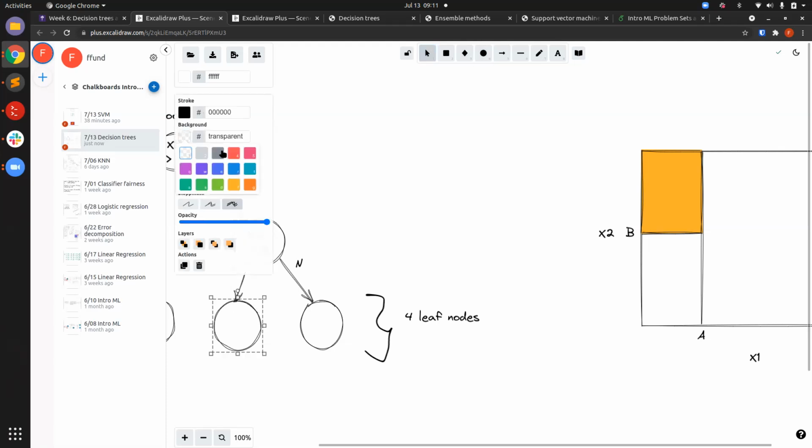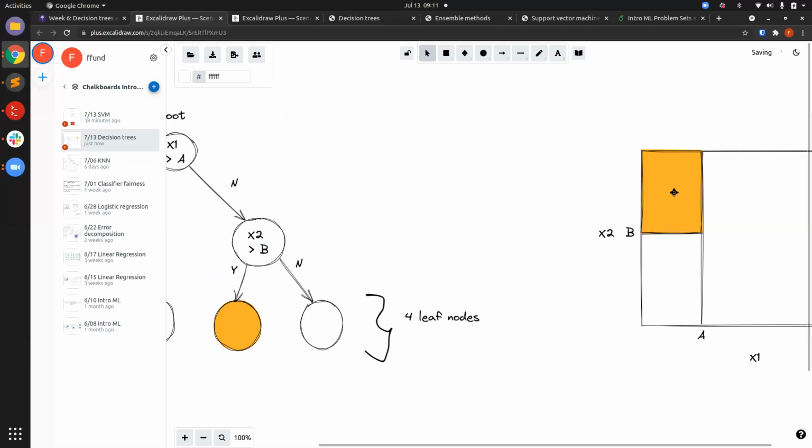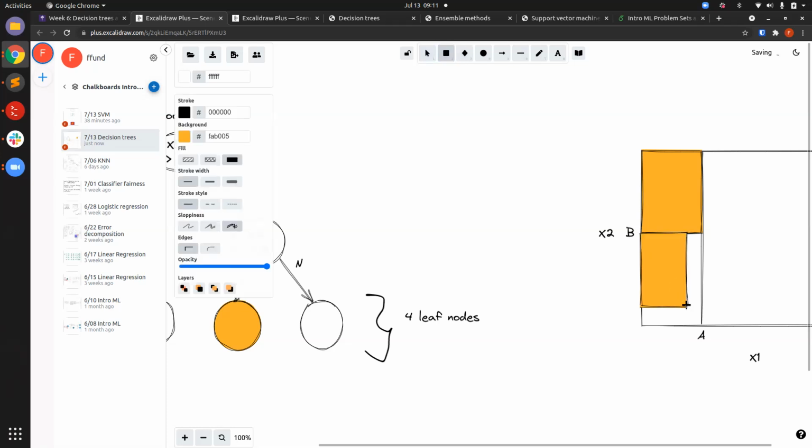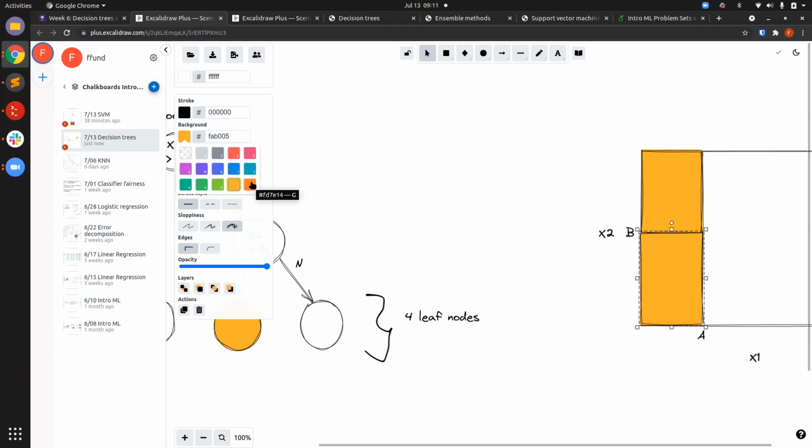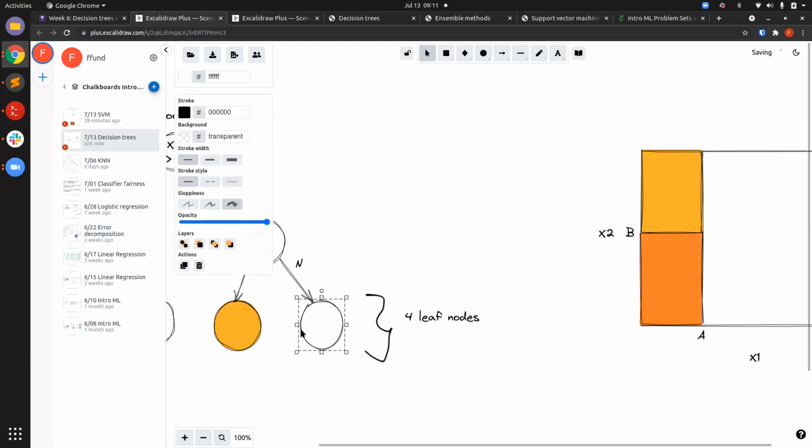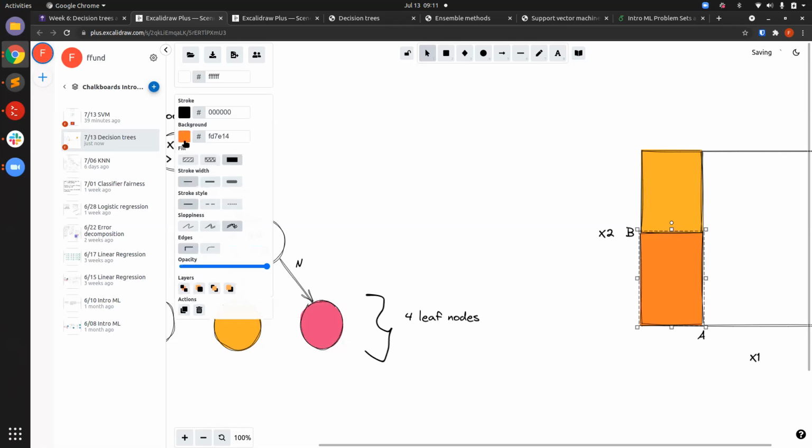So this particular leaf node of the tree corresponds to this orange region up here. It's a region where x1 is less than a, but x2 is greater than b. Then similarly, we could define this region where x1 is less than a, but x2 is less than b. I'll make it a pink region.